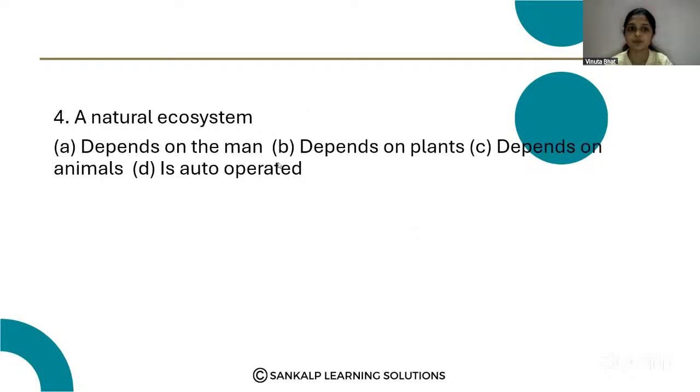Question number 4. A natural ecosystem, option A, depends on man. Option B, depends on the plants. Option C, depends on the animals. Option D is auto-operated. So, natural ecosystem, it may be a forest or it may be a grassland.